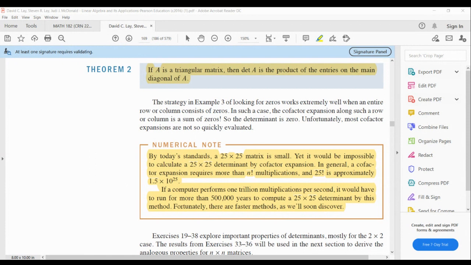So we love computing our determinants, but we need to find a faster way to compute them. And this is where section 3.2 comes into play.